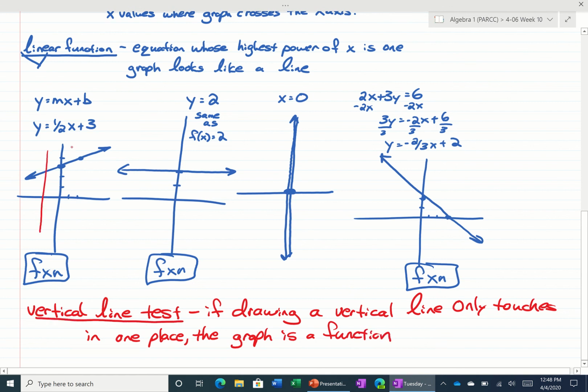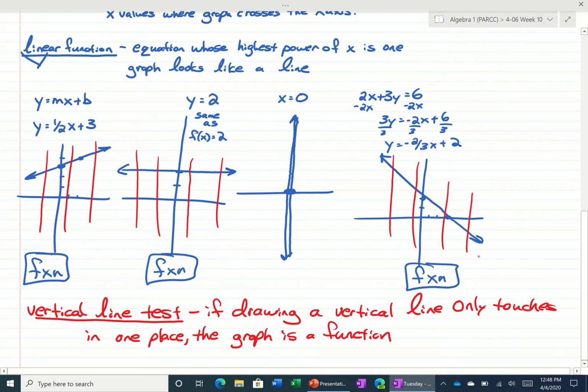So like this, if I draw a vertical line anywhere, it touches in one place. This graph, if I draw a vertical line anywhere, it only touches in one place. This graph, if I draw a vertical line anywhere, it only touches in one place. But this middle graph, if I draw a line through the graph, you could see it actually touches everywhere. So that's why that's not a function.